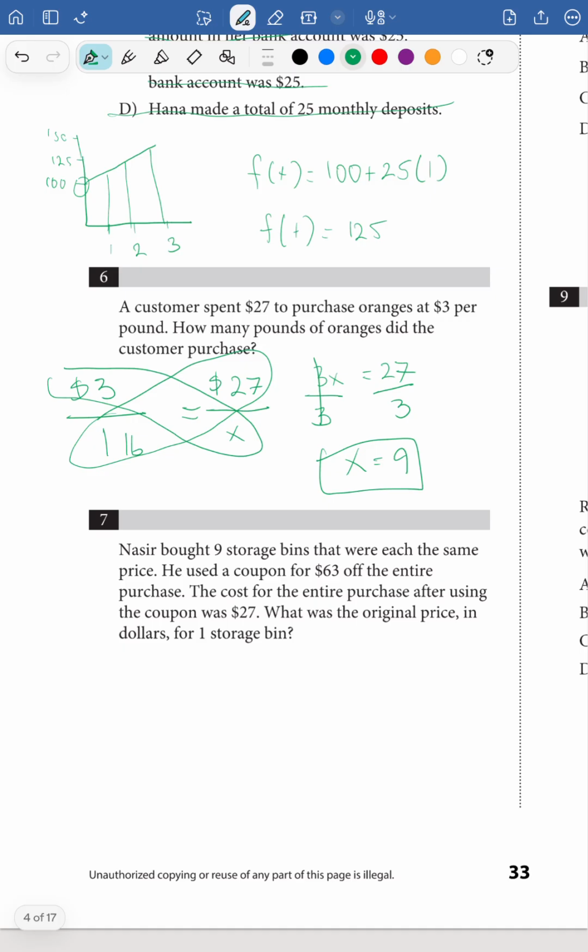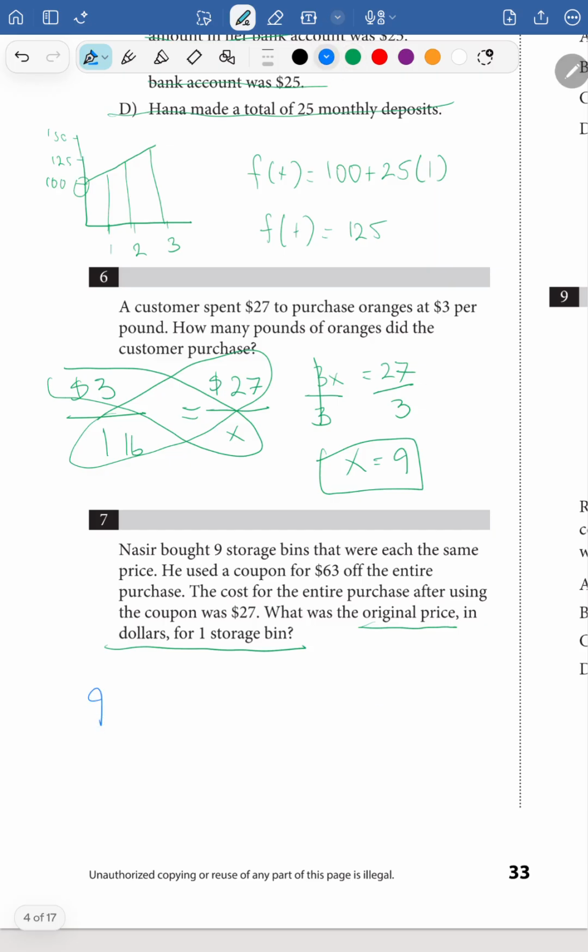Here, we can use the skills we learned from the question that made us translate words into an equation. So, look at it like this. When it says, what was the original price in dollars for one storage bin? You could see this as price per bin, right? So, we know there was a total of 9 storage bins bought.